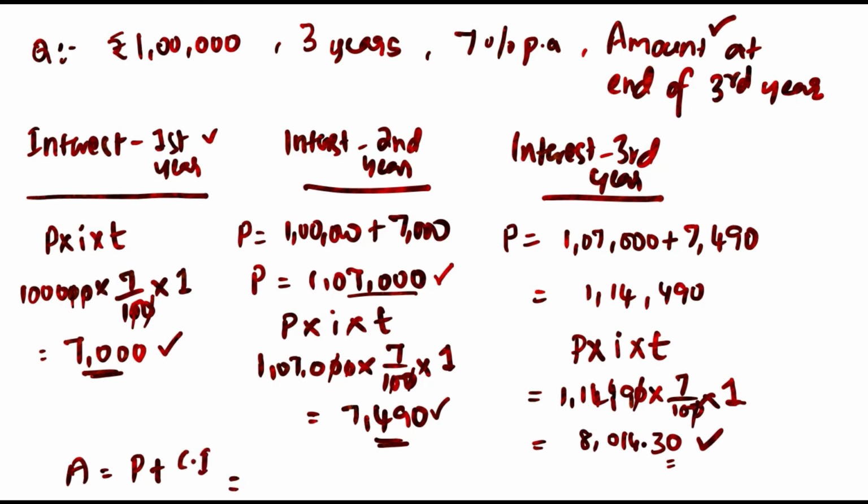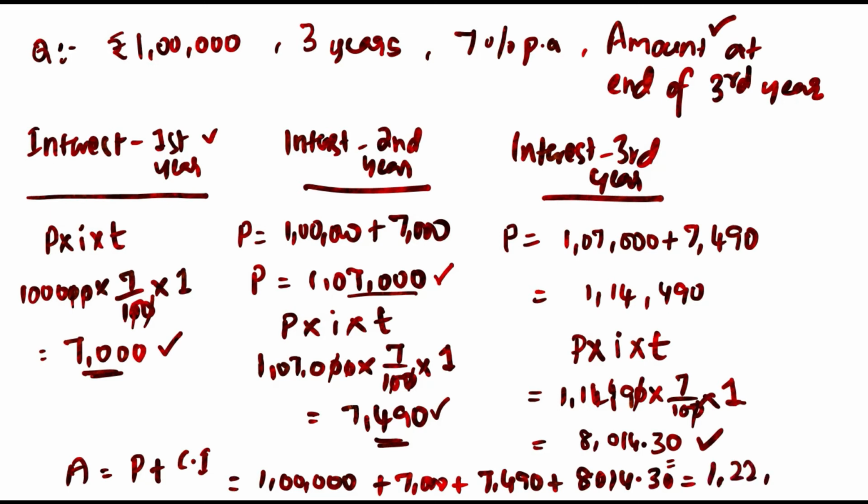So here write it down, 1 lakh plus 7,000 plus 7,490 plus 8014.30, and what is your final answer? 1,22,504.30. You can try it with the simple interest method, and definitely the final amount will be lesser than 1,22,504.3, because this is interest on interest.